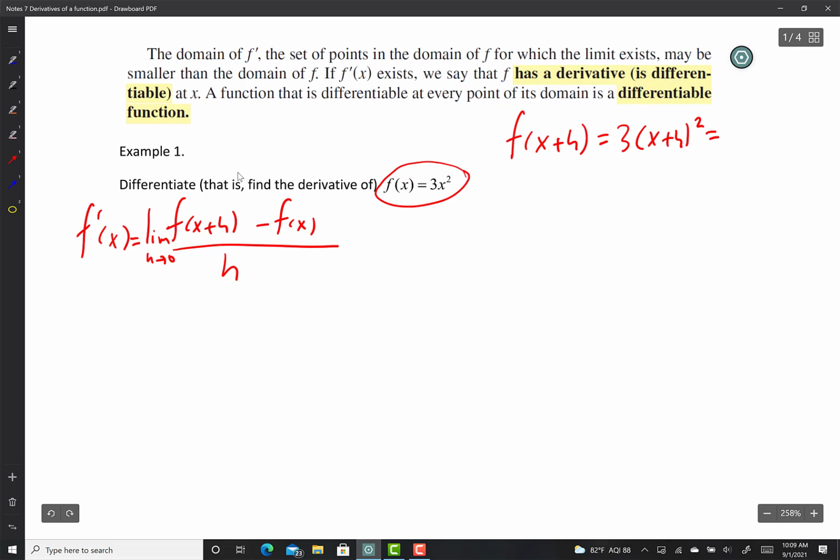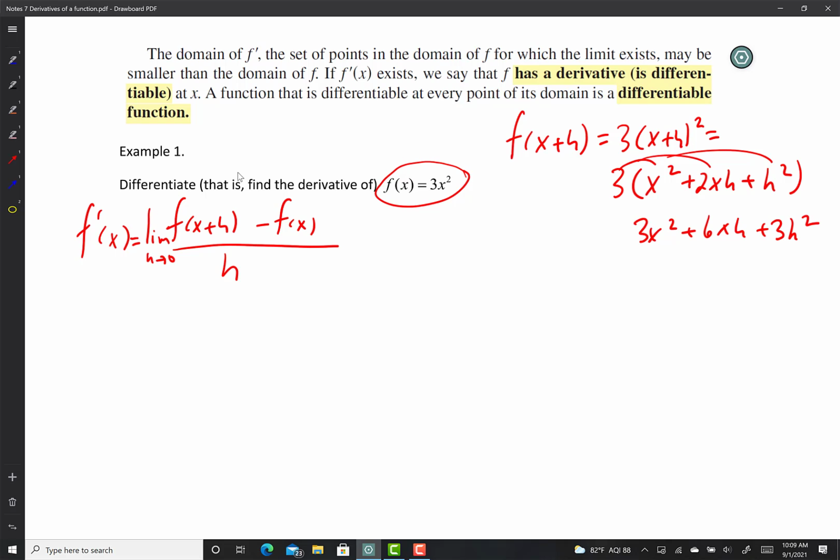Hopefully we can do these pretty fast now. 3 parentheses x times x is x squared. X times h is xh. You're going to have two of those, so 2xh. And then h times h is h squared. Distribute the 3. So 6x squared plus, oh man, what's wrong with me? 3x squared plus 6xh plus 3h squared.